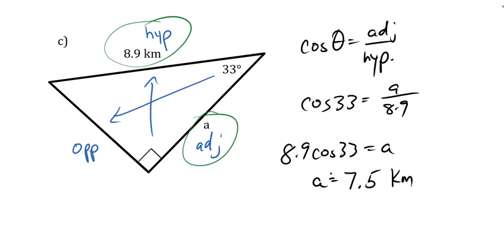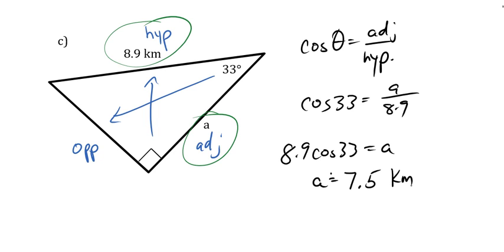Is it a so in H or in A? So in SOH CAH TOA. Okay, did you get 7.5 kilometers? 7.5 kilometers. Looks reasonable to me. It's less than 8.9 by a bit.